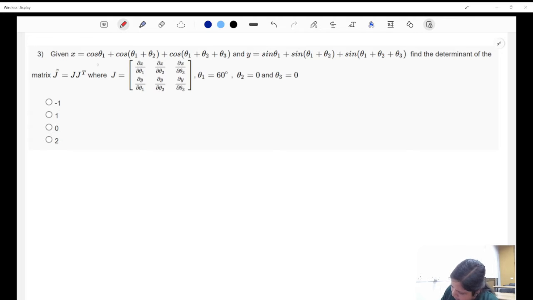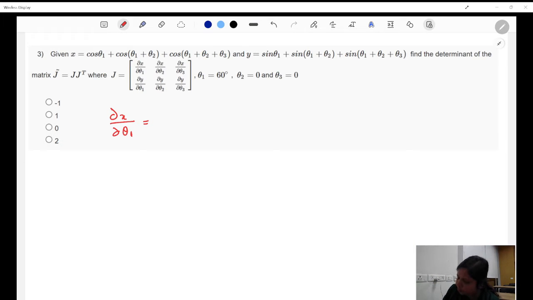Okay, this is x and this is y. Let's go for the first term. I want to just differentiate with respect to theta 1. What would it be?